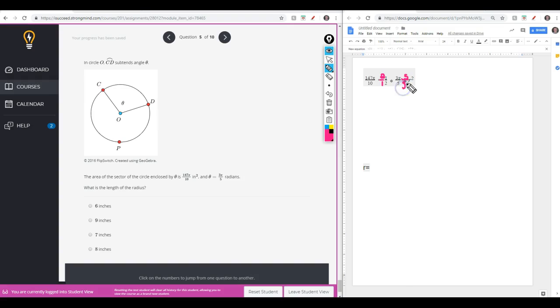The reason I'm writing them right here is because in multiplication you can rearrange the numbers in whatever order you want, and I want them lined up right there so that I can show you how come we're doing that. So again, we multiplied by 2 divided by 1, and we multiplied by 5 divided by 3 pi.